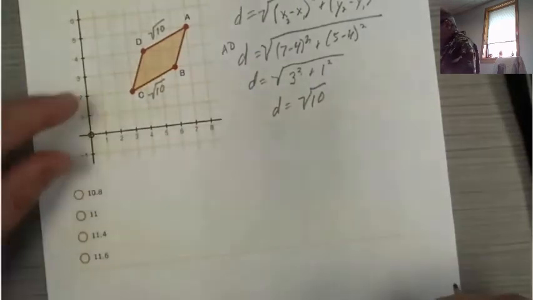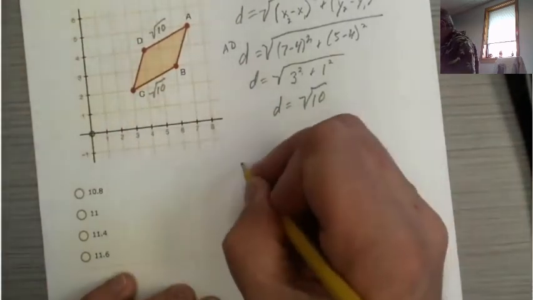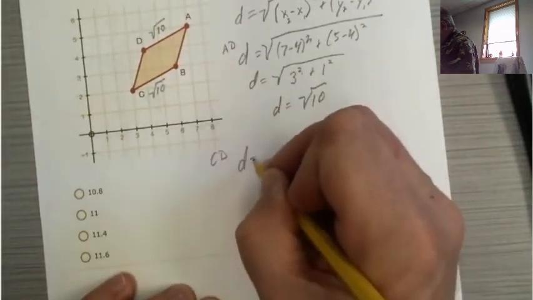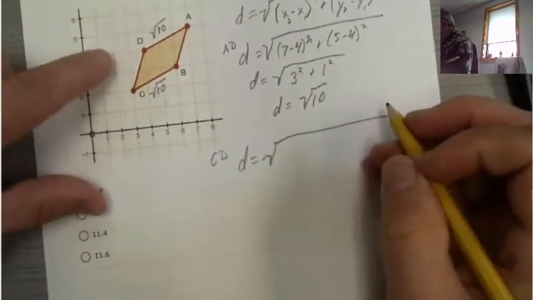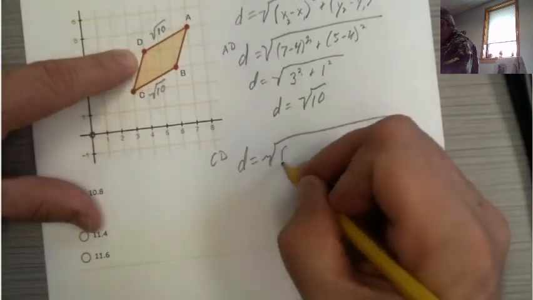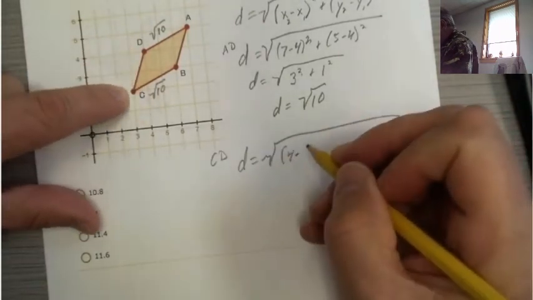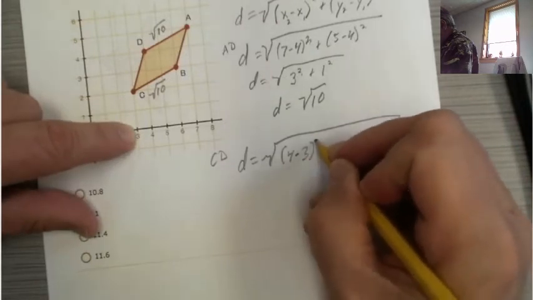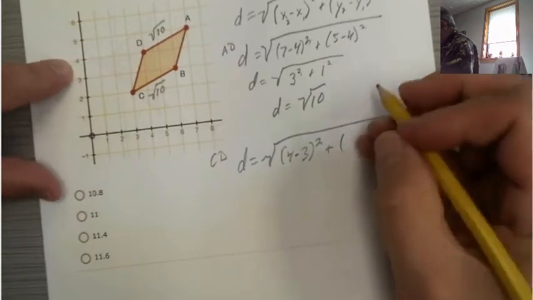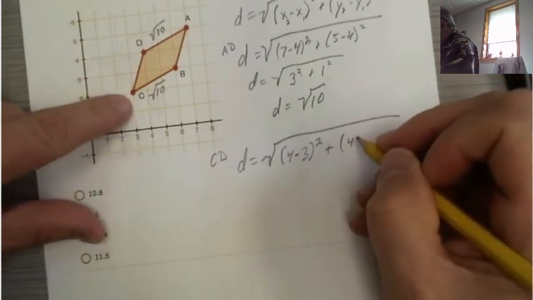So let's calculate one of them. Let's do C to D. Square root of, what is our x here? It's 4 minus the x here, 3, squared, plus, what's the y? The y is 4 and the y is 2.